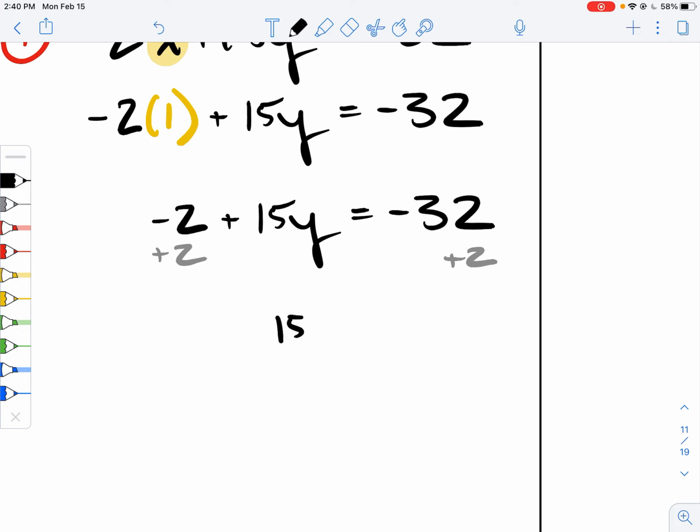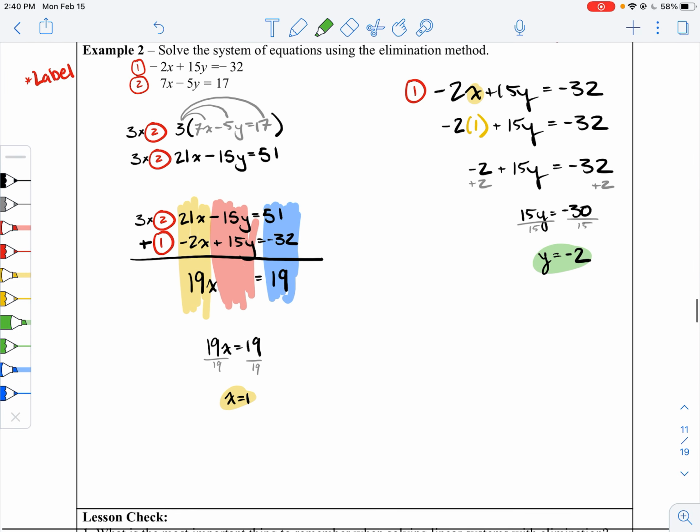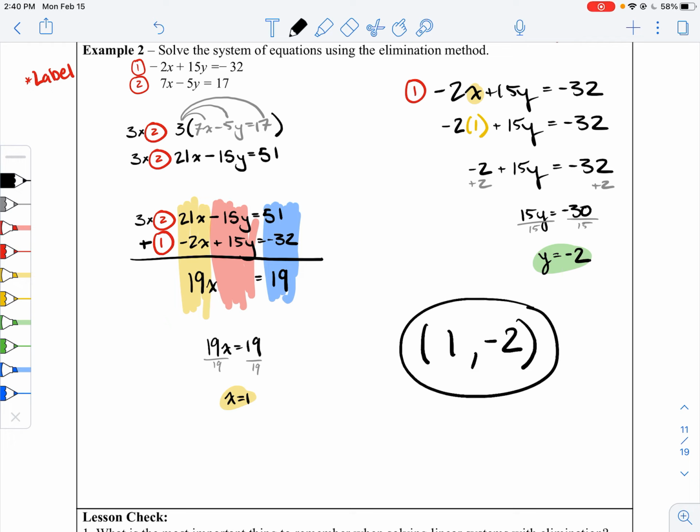So we get 15y equals negative 30. And then to solve for y, let's divide by 15 on both sides, giving us y equals negative 2. Awesome. So our final point with our x and y value is 1, negative 2.